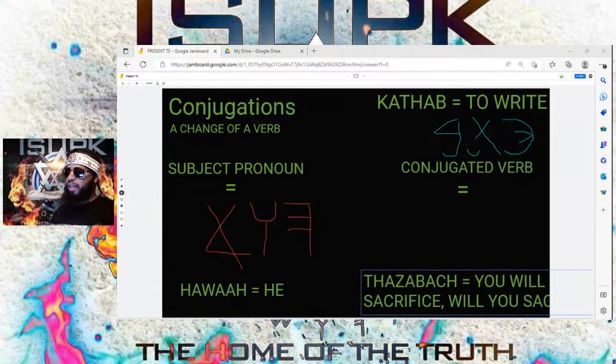If you're talking about something presently, make sure you talk in the present tense, and so forth with the future tense. What we're going to do in tonight's class is make sure we know all the conjugations based off of the subject pronoun hawa, which means he. Hawa means he. So keep that in mind.